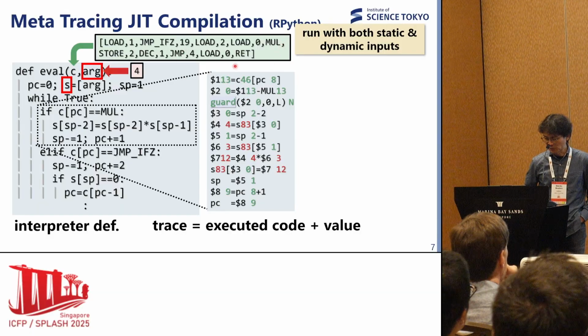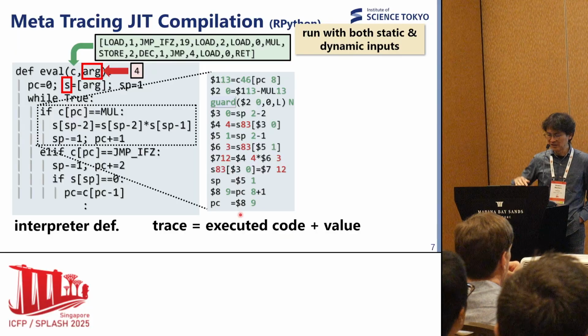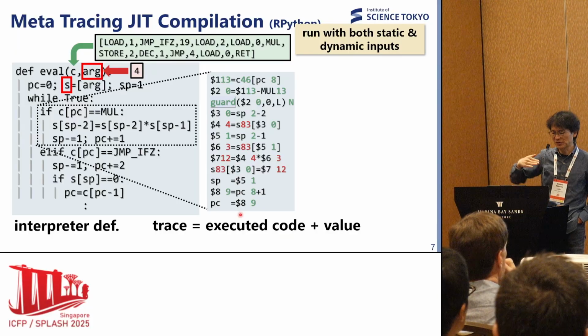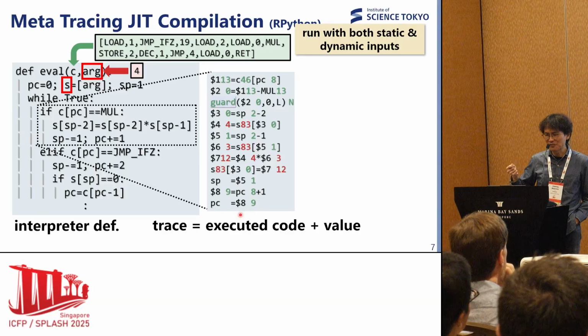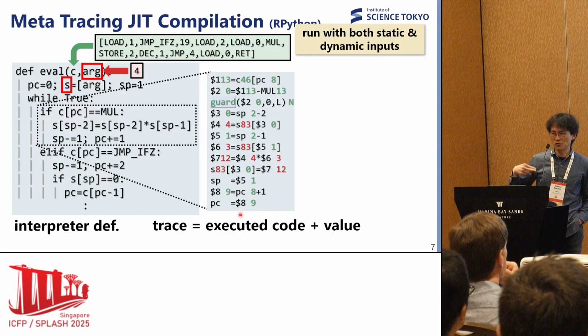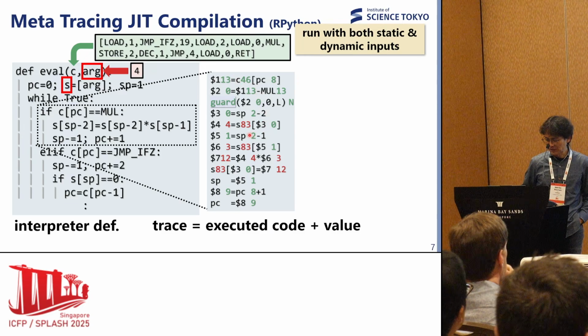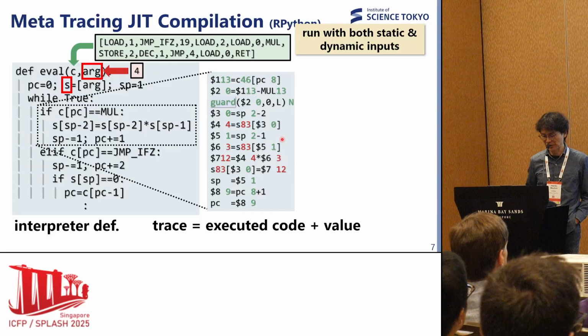So the trace also contains the executed instructions and the values used for execution. Those green and red values are what we observed during the execution.